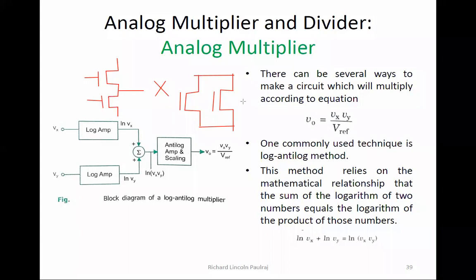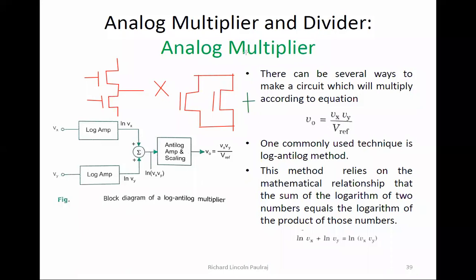Can someone tell me what is going to happen? It is going to add, right? So the addition operation happens when I keep the NMOS in parallel, and the multiplication operation happens when I keep them in series. The reverse happens with respect to PMOS. In PMOS, when they are in series, they perform addition, and when they are in parallel, they perform multiplication.